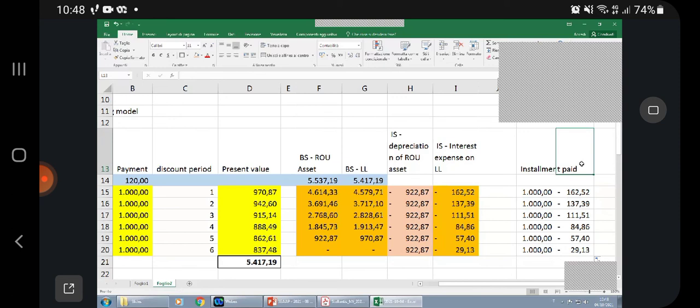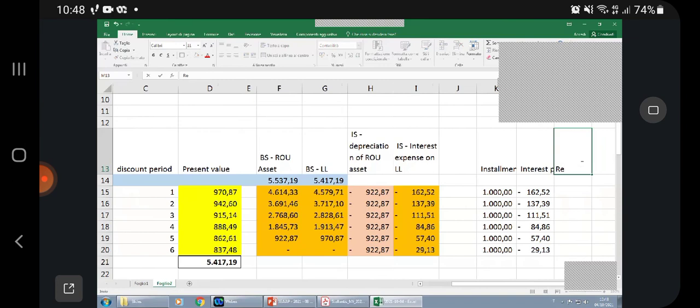So this is the interest paid, and the reimbursement of the lease liability is always the difference between the amount paid and the interest.